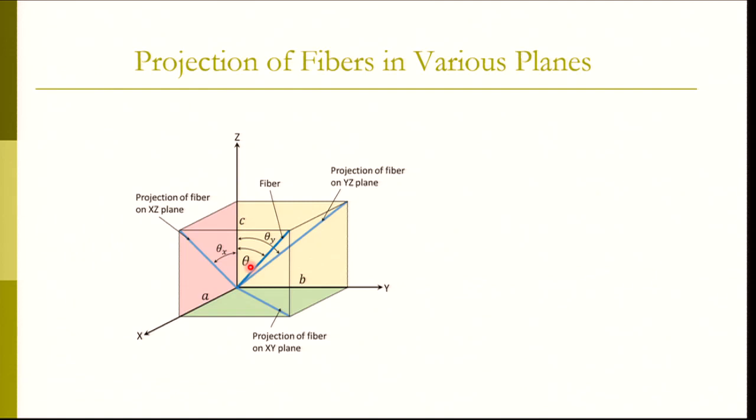So, what do we do? We take the projection of this particular fiber in two different planes. One you can see on the xz plane, the pink surface represented by the xz plane. The other projection you can easily take on the yz plane, which is shown here with the yellow color.